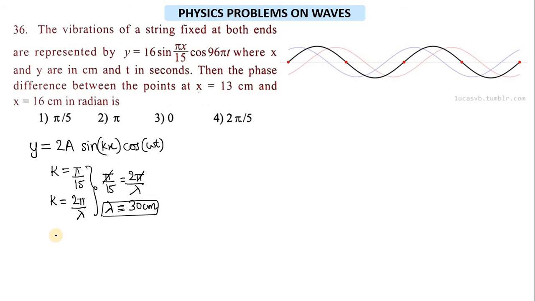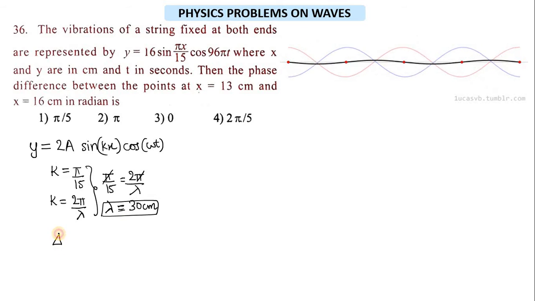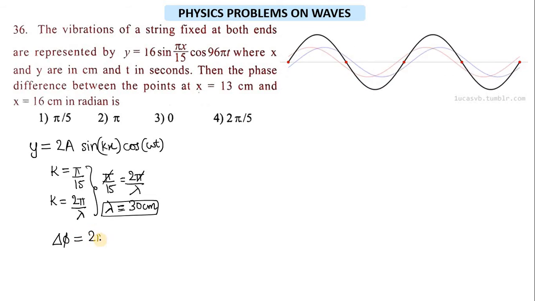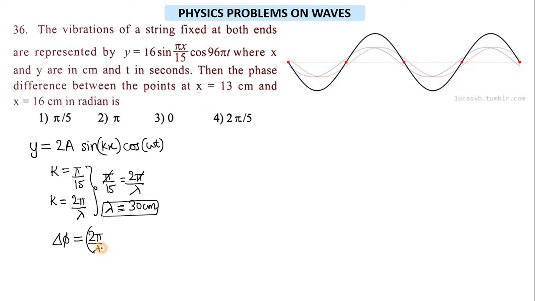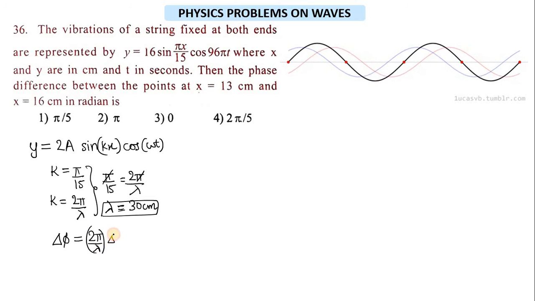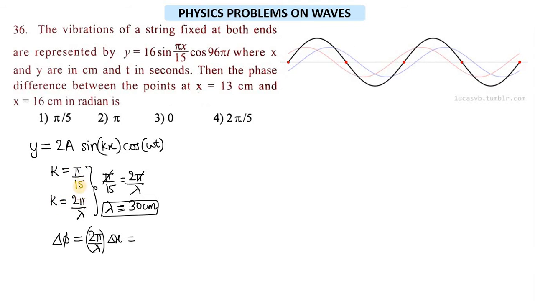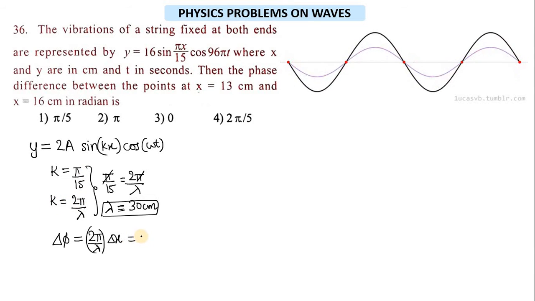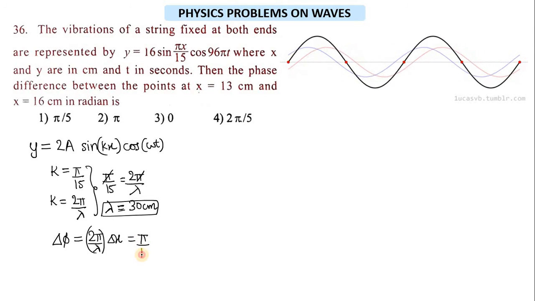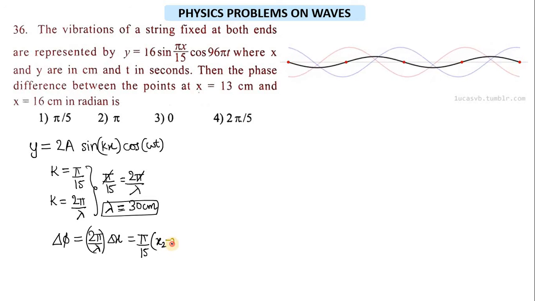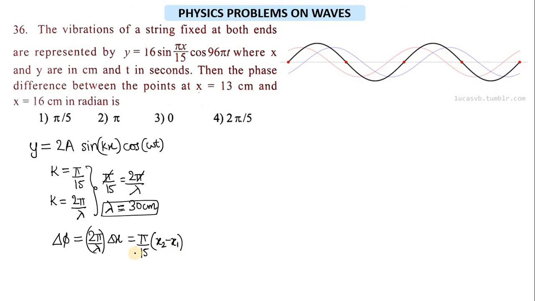Now, after getting lambda is equal to 30 centimeters, we can find out the phase difference between the two by using the standard formula, that phase difference delta phi between 2 points is equal to 2 pi by lambda multiplied by delta x. Now the value 2 pi by lambda is already equal to k, that is pi by 15, and delta x means the distance between the 2 points. Delta x is x2 minus x1.